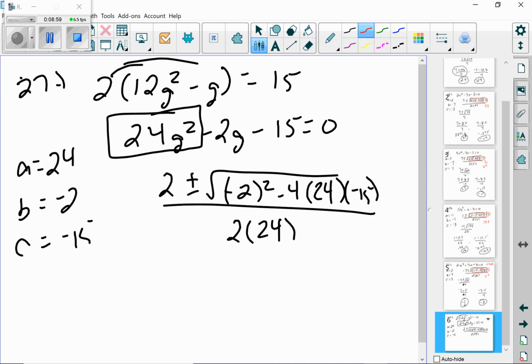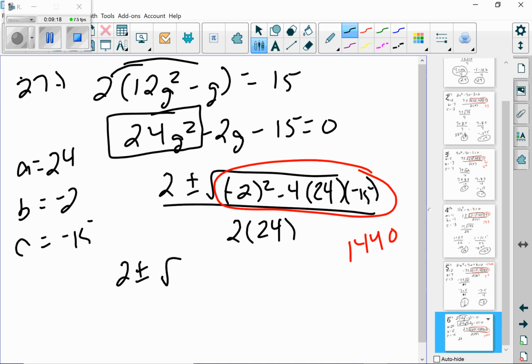Okay, the discriminant for this problem under the radical sign, I got a really big number here. I think it was like 1,444, if I remember right. Because I'm getting, all right, 2 plus or minus the square root of 1,444 over 48 down here.